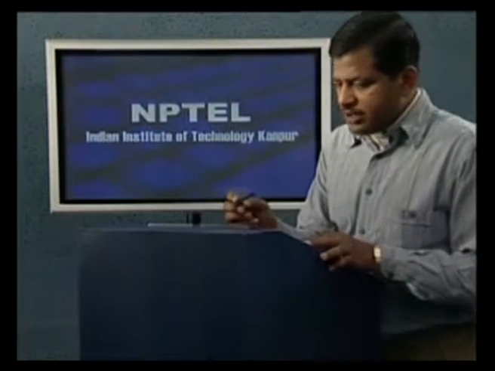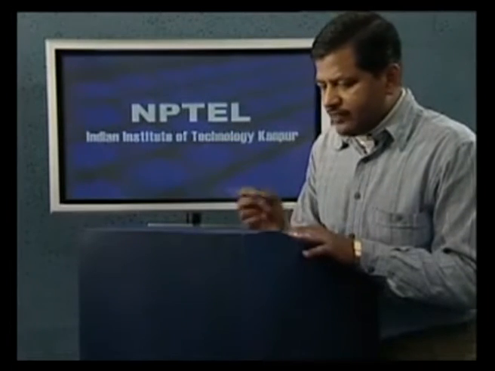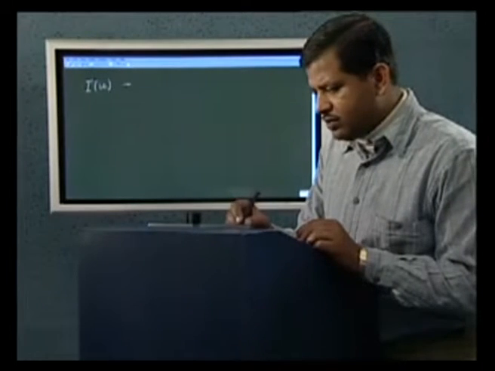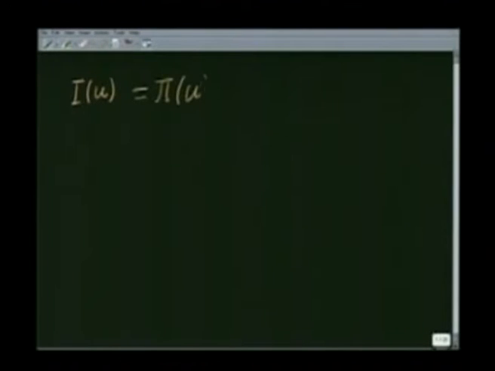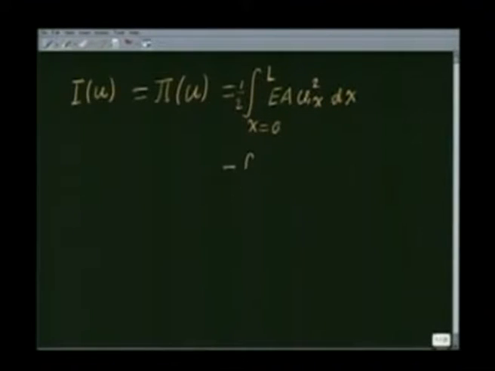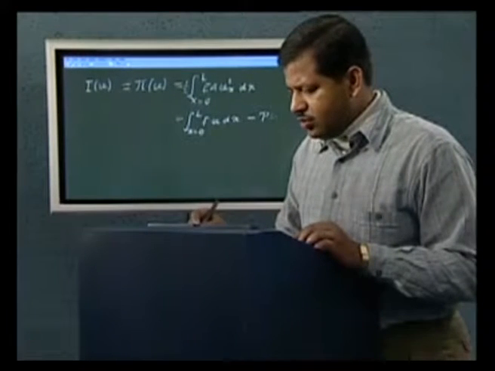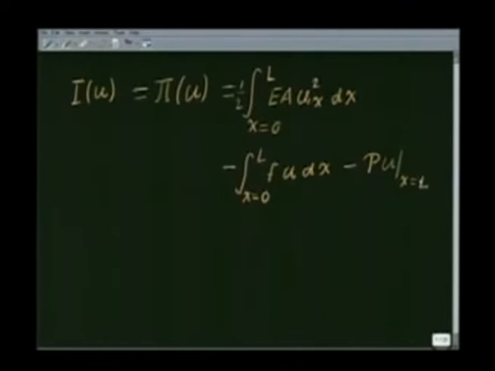So corresponding to the model problem that we have introduced, let us rewrite the functional that we are interested in, that is I of u is equal to pi of u, which is equal to, in this case, the integral from x equal to 0 to L of half EA (u comma x) whole square dx, minus the integral from x equal to 0 to L of f u dx, minus P u evaluated at x equal to L. This is our functional.